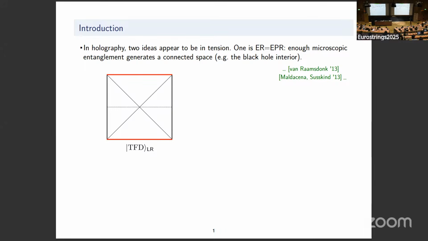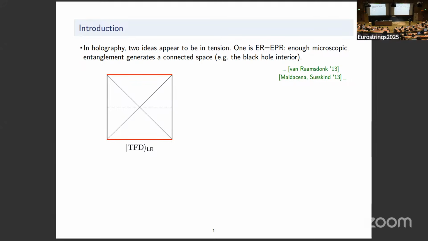Essentially, the idea is that enough microscopic entanglement between two holographic quantum systems generates some notion of an emergent space. This is best understood for quantum systems that describe black holes, in which case, if you start with two black holes which are entangled enough, the space that emerges is essentially the black hole interior.